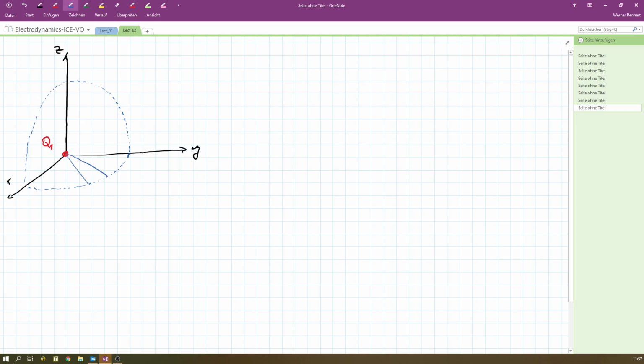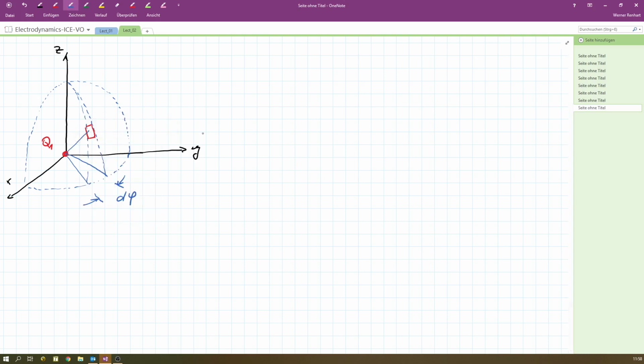Maybe this is an infinitesimal small angle delta phi, and we have some wedge in this way, and on the surface we have some small delta gamma, which is always pointing in radial direction.